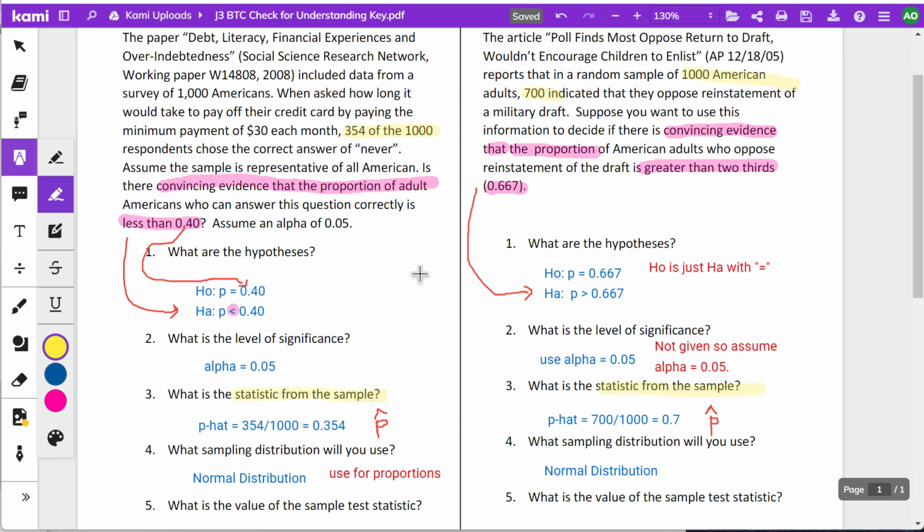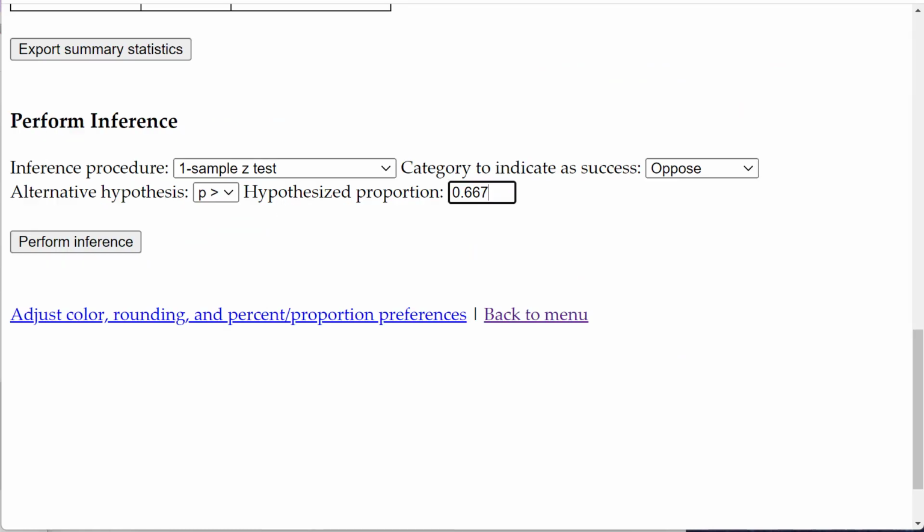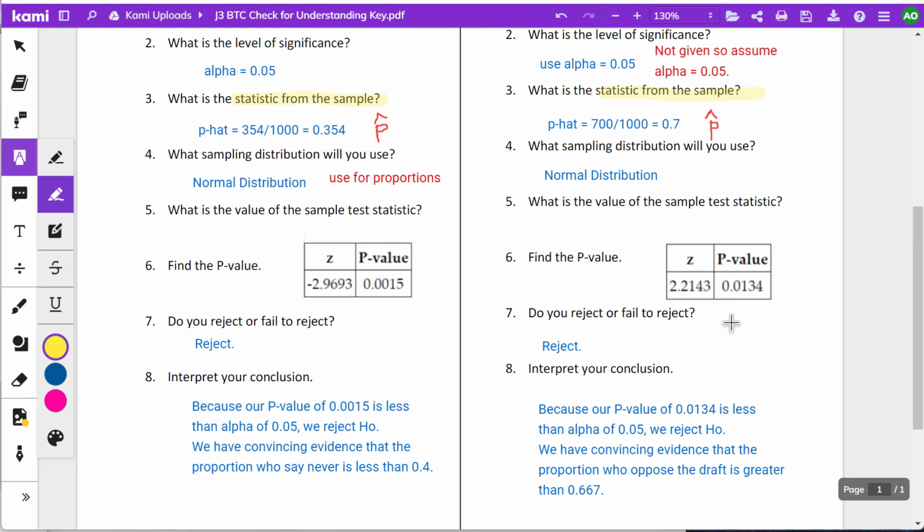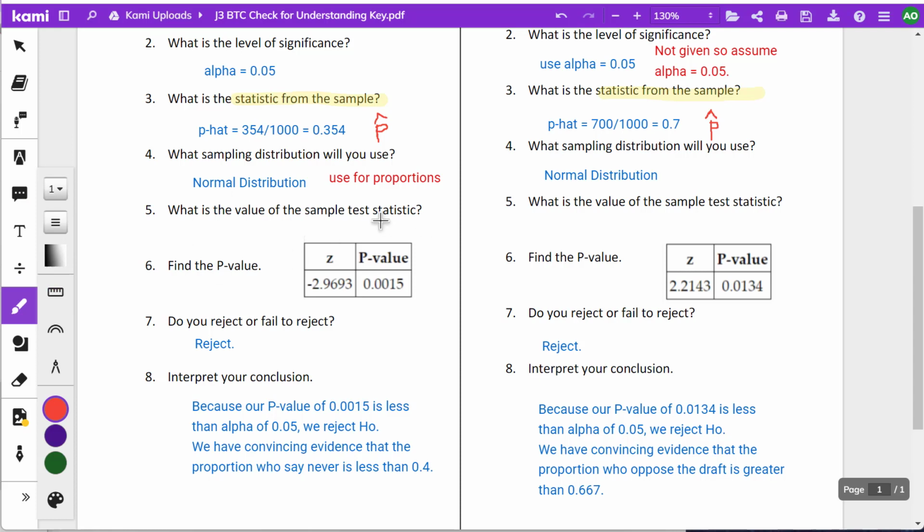All right. Okay. So now that I've got my Stapplet set up, perform inference, I get a z-score of 2.2143 and a p-value of 0.0134, which I have copied here. And so that's the test statistic, just to be clear. So the test statistic is right there.